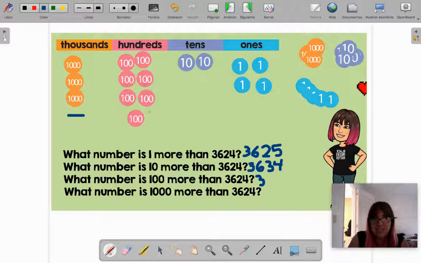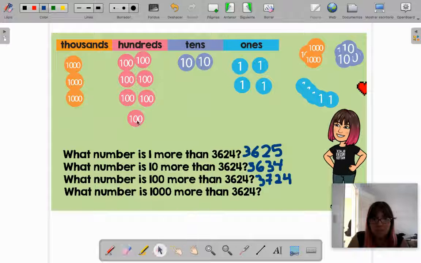This, yes, instead of 6, now we have 7. 7 of 100. This didn't change, so again we put 2. And this also did not change, so we put 4. So 100 more is 3,724.